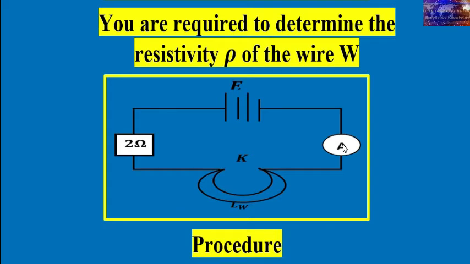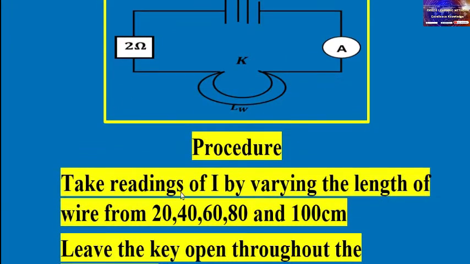The procedure to perform this experiment according to our circuit: take readings of the current by varying the length of the wire from 20 up to 100 centimeter.